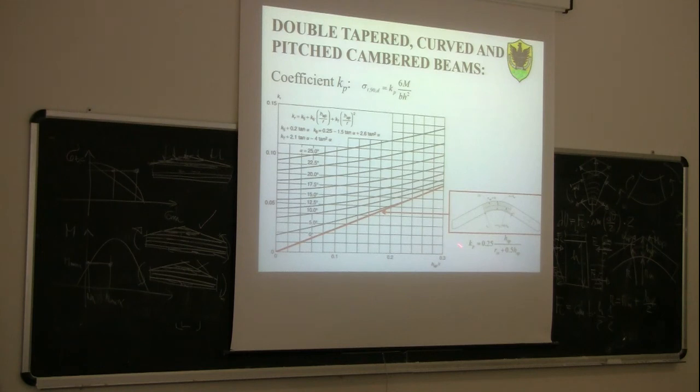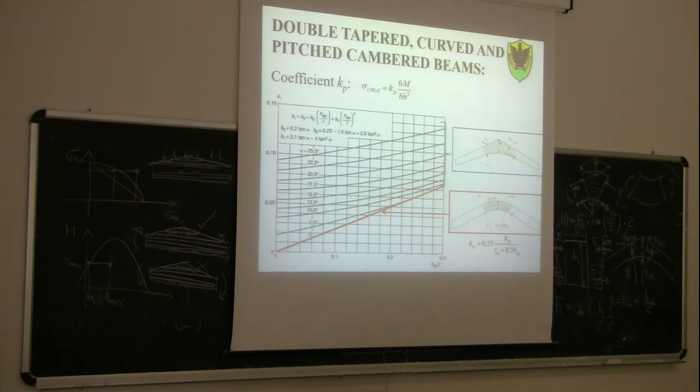This red curve, which is basically a line, is a linear relationship between the tensile stress perpendicular to the grain and the ratio HAP over R. If we have a pitch camber beam, we have a family of different curves. You can see that we can have values up to 0.14.